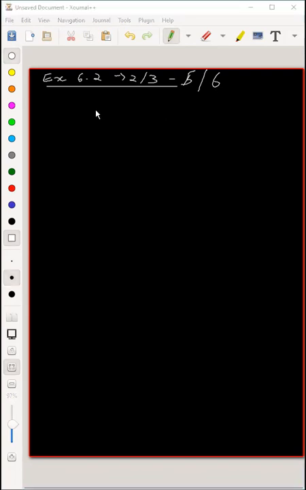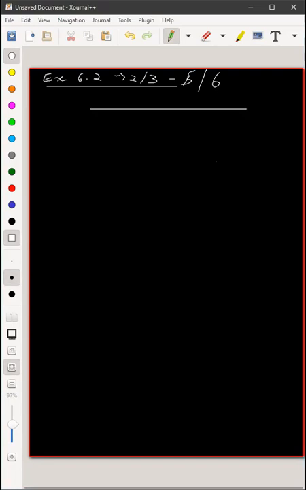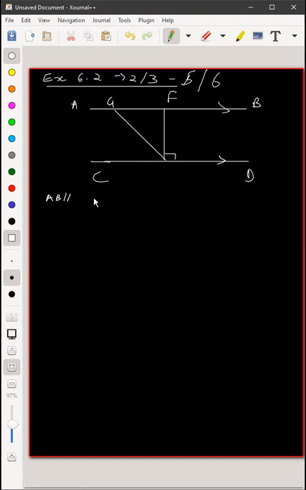Next question, the third one. Figure this. So the figure again, we're given two lines and a perpendicular. This is A, B, C, and D, and we're given a line like this as G. This is F. So we're given AB is parallel to CD, and EF is perpendicular to CD.